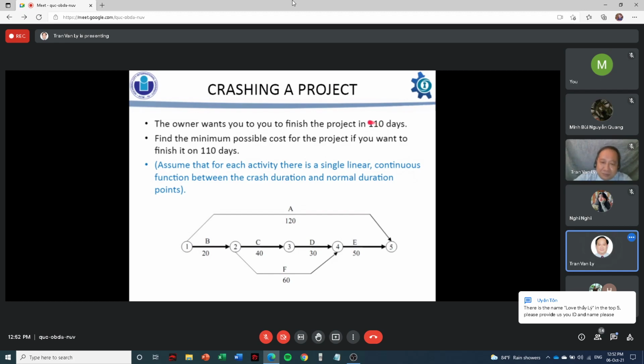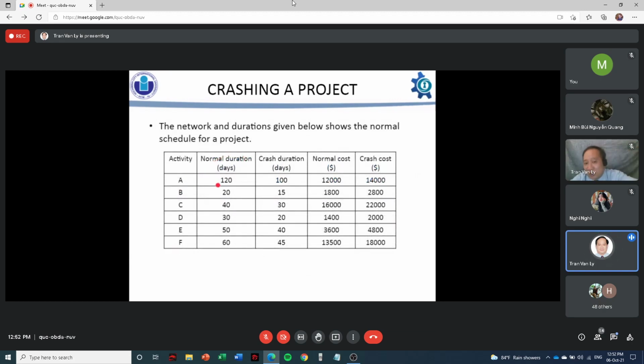Another problem. They say they have some amount of money to crash the project, to speed up, to shorten the completion time of the project duration. They say they have 10,000.